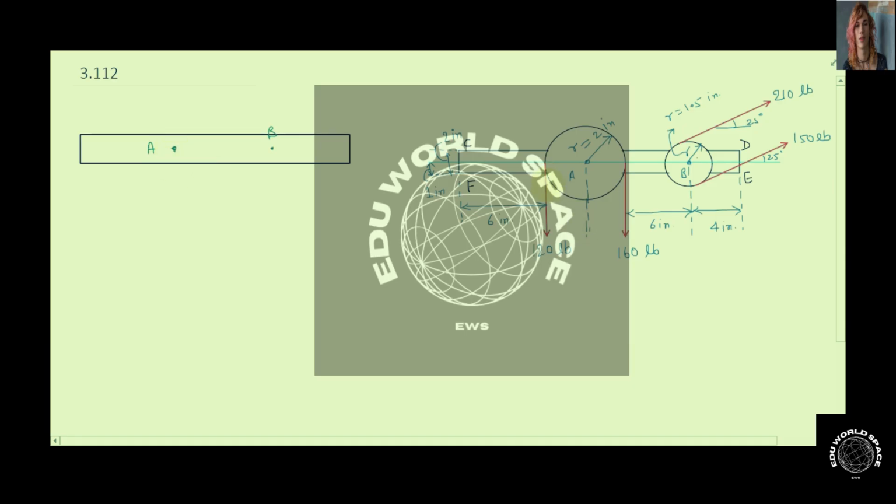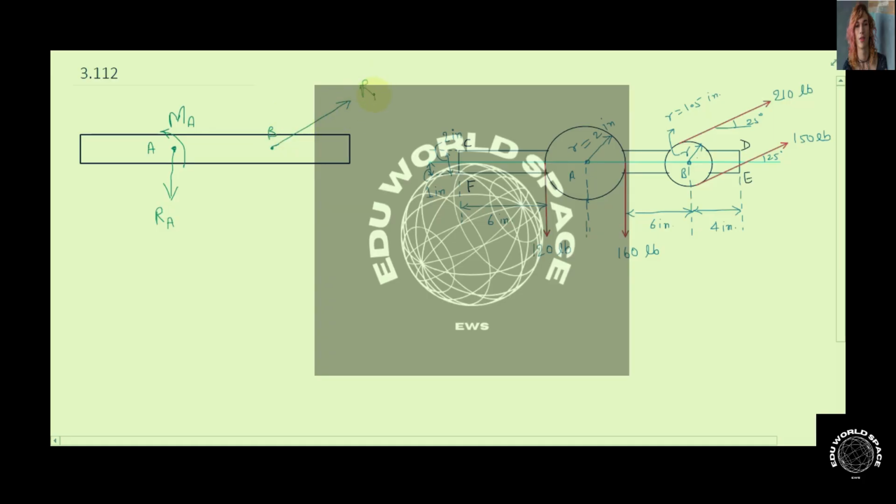We can observe one thing, that both the forces are in downward direction. So an equivalent force will be in downward direction, and let's say that is RA, and the couple that is acting here will be MA. Similarly, since both the forces are parallel to each other and making an angle of 25 degrees, their resultant will also be in the same direction.